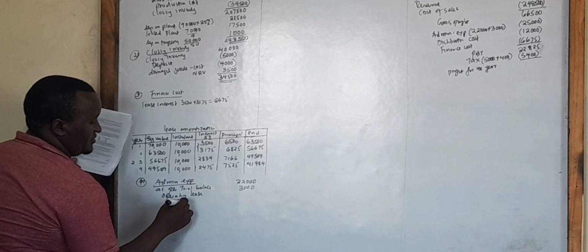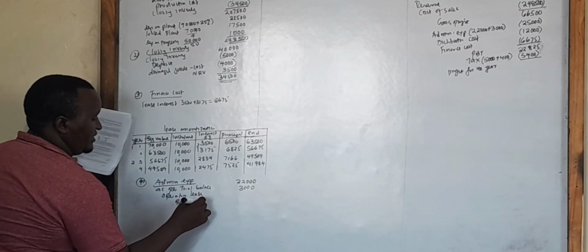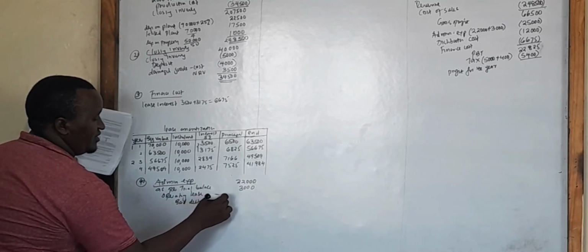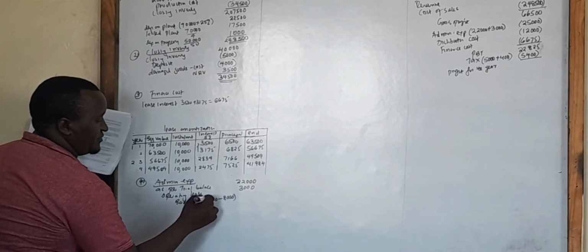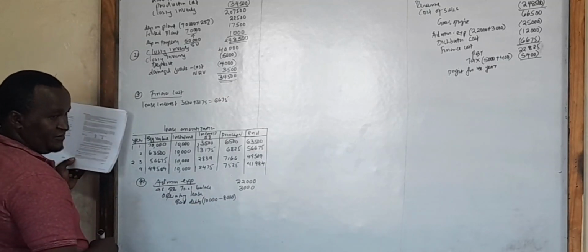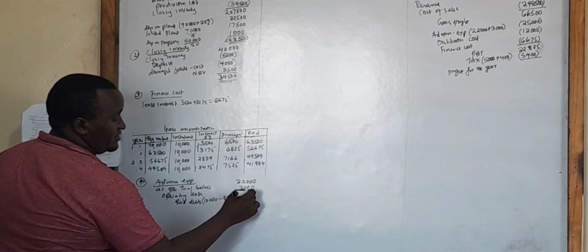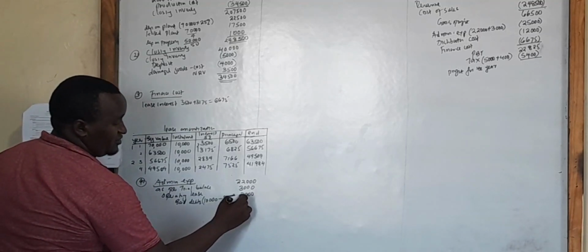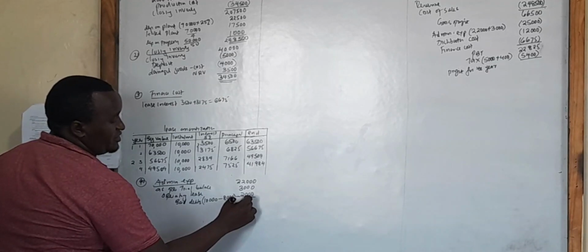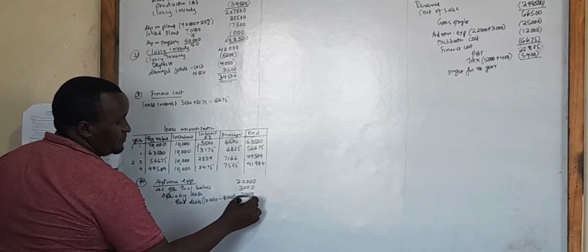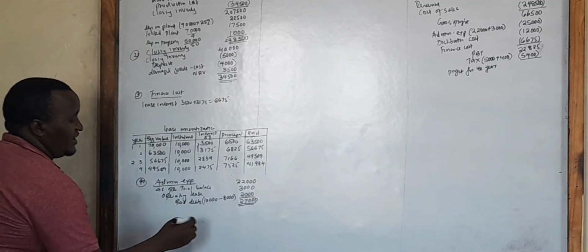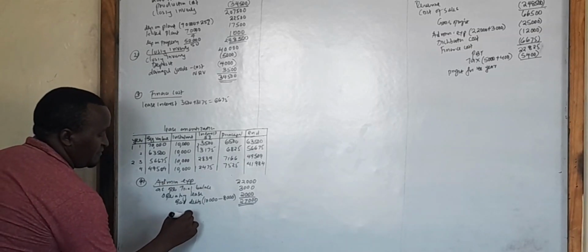And we have the bad debts. Remember this customer owes what? 10. But we accepted what? 8 in full and final settlement. So we are offsetting 2,000. So this total should be 27,000. And we have the interest receivable.